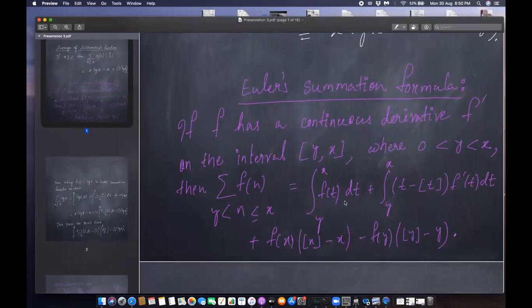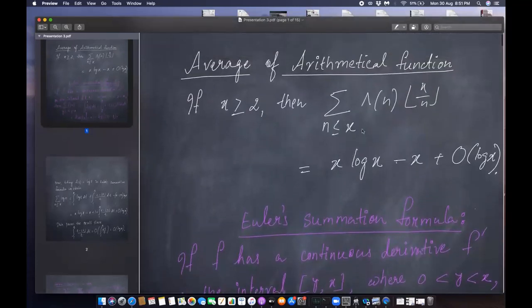The proof of this identity is very well known. You can see the proof in any standard book of number theory. I leave this as an exercise. Okay, so we're going to use this sum to prove this identity.